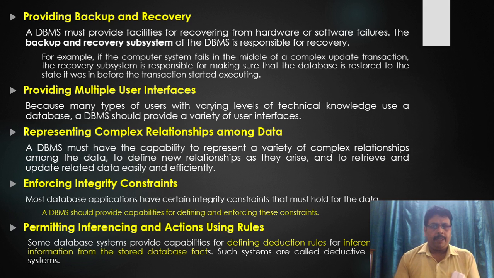Next is permitting inferencing and actions using rules. Here some database systems may provide a capability for defining deduction rules for inferencing new information from the stored database facts, such as a system called a deductive database system. For example, the price of an item is placed in the database, and once the quantity is given, it automatically has to calculate the final amount.